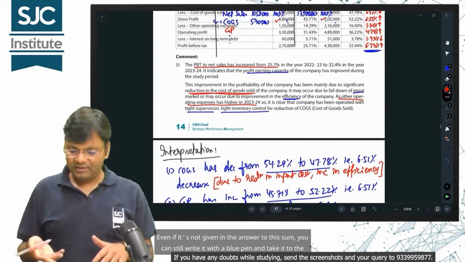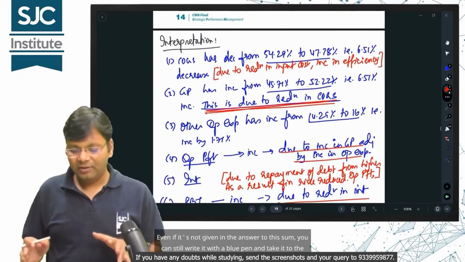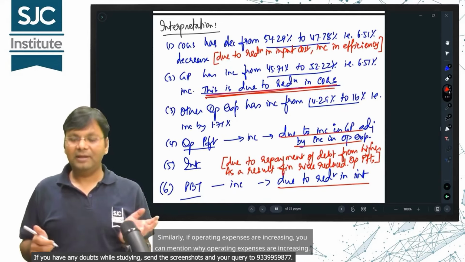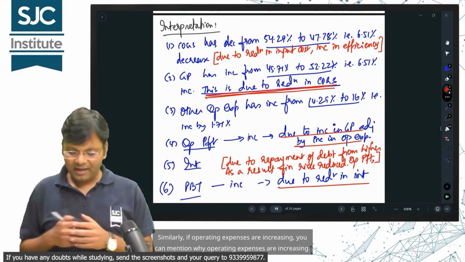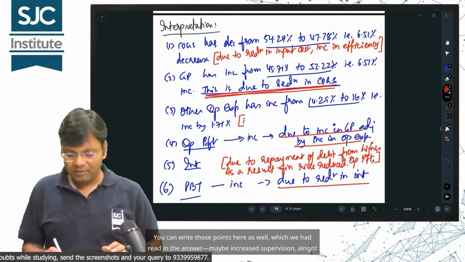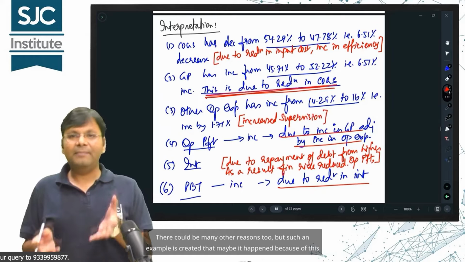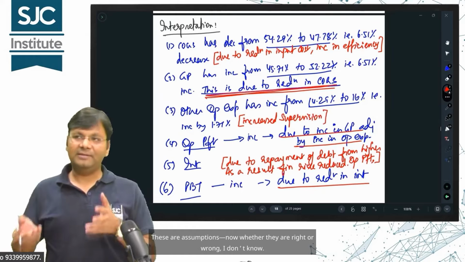Even if it's not given in the answer to this sum, you can still write it with a blue pen and take it to the exam, alright? Similarly, if operating expenses are increasing, you can mention why operating expenses are increasing. You can write those points here as well, which we had read in the answer, maybe increased supervision, alright? There could be many other reasons too, but such an example is created that maybe it happened because of this.